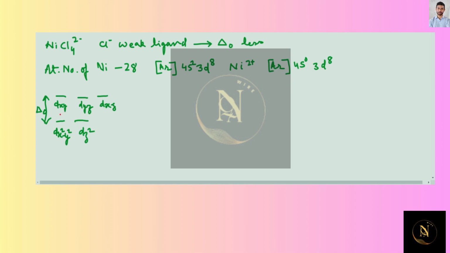electrons are first filled singly and then pairing takes place. So 8 electrons we have to arrange, 1, 2, 3, 4, 5, then 6, 7, 8, and by this we can understand that in the nickel chlorine complex, the first complex, 2 unpaired electrons are present, and because of that it should be paramagnetic.